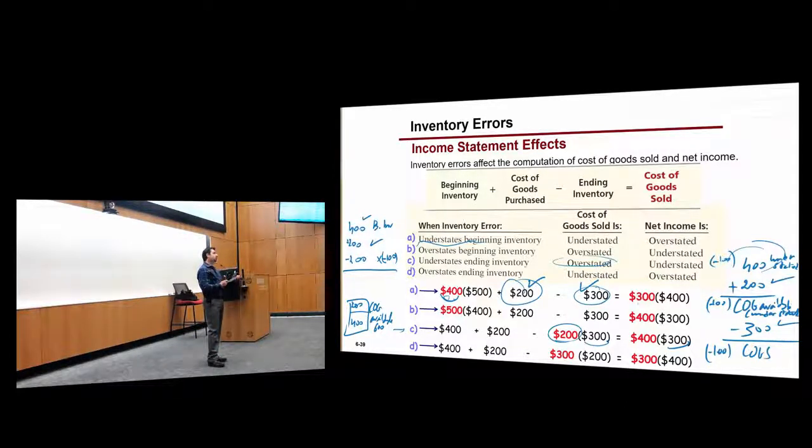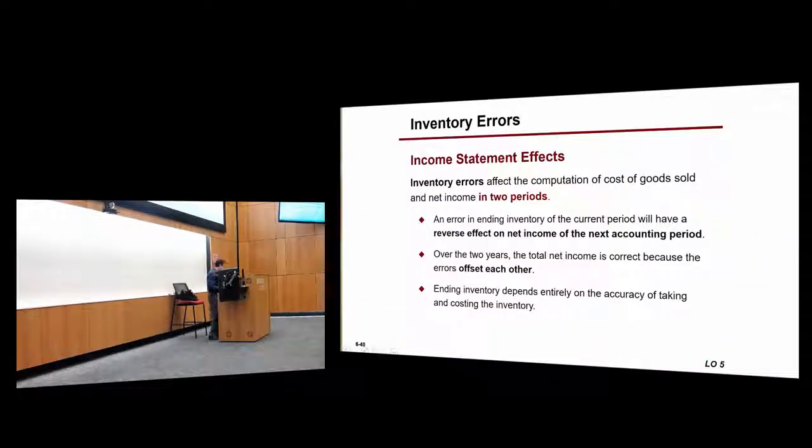Now there's an important thing here: with inventory errors, the mistake will be carried over to the second period, to two periods. Like we said, an error in the ending inventory of 2014 will be carried over to 2015. If the ending inventory of 2014 was understated, in 2015 the beginning inventory will be understated, right?